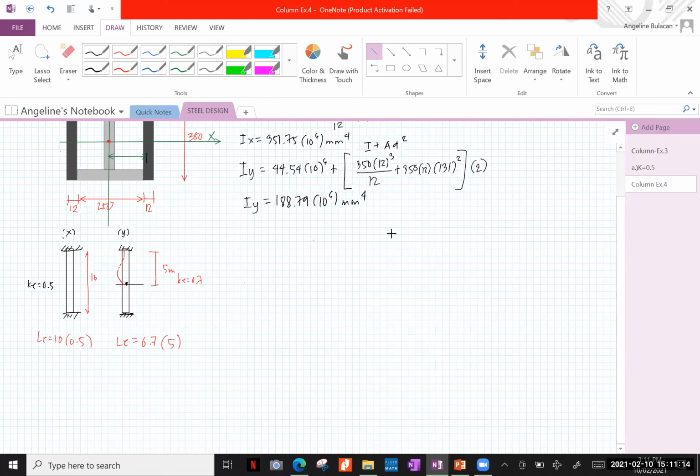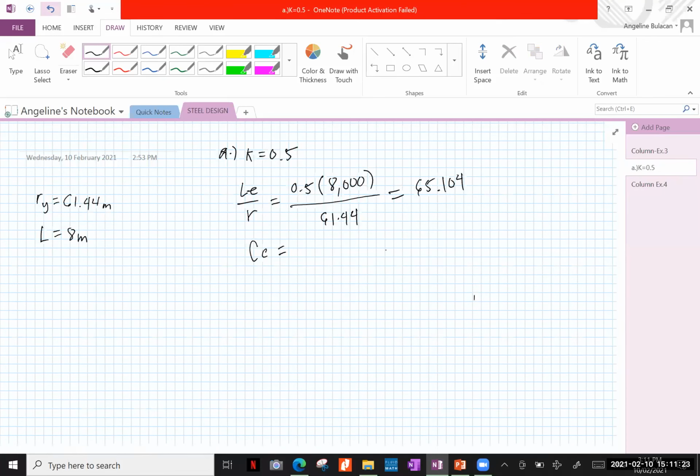So, for the x-axis, sulat natin, we have x-axis... Ayan.